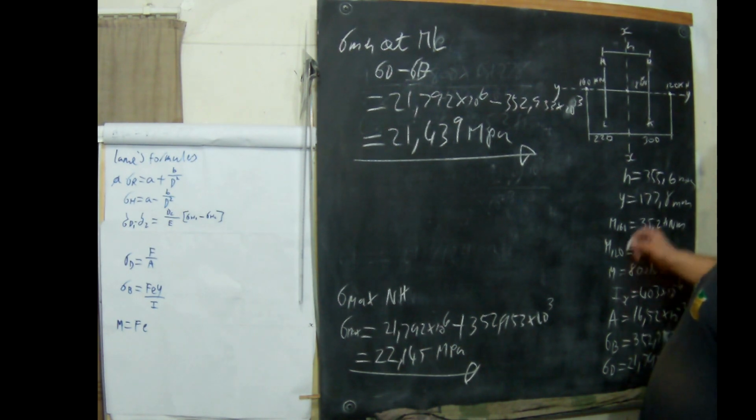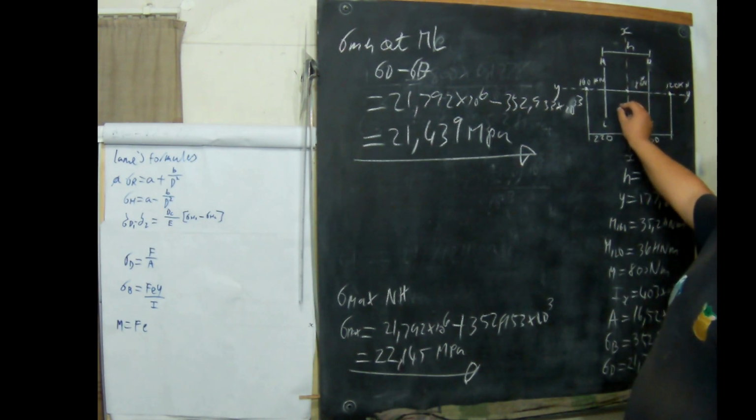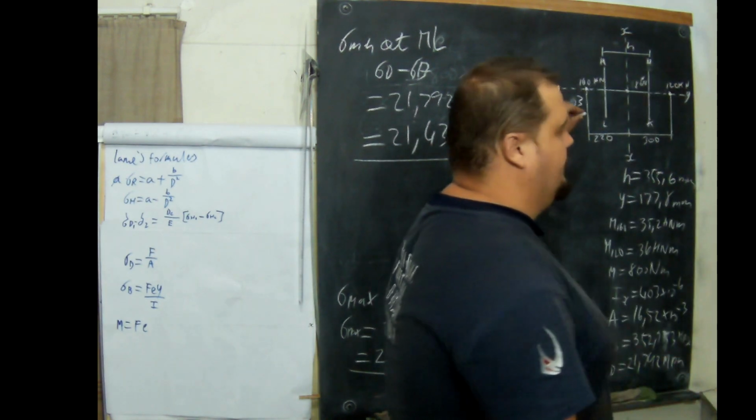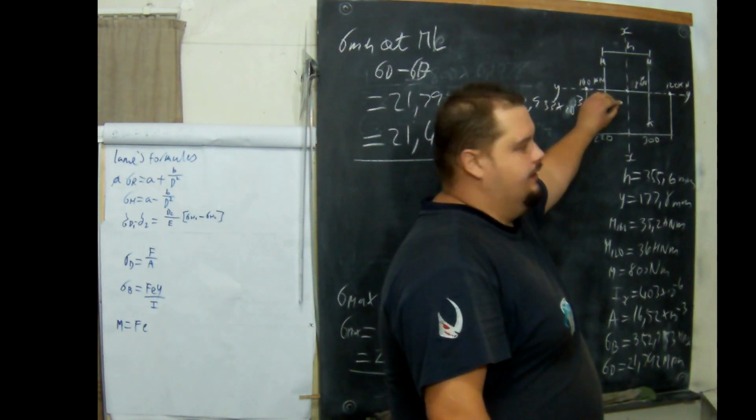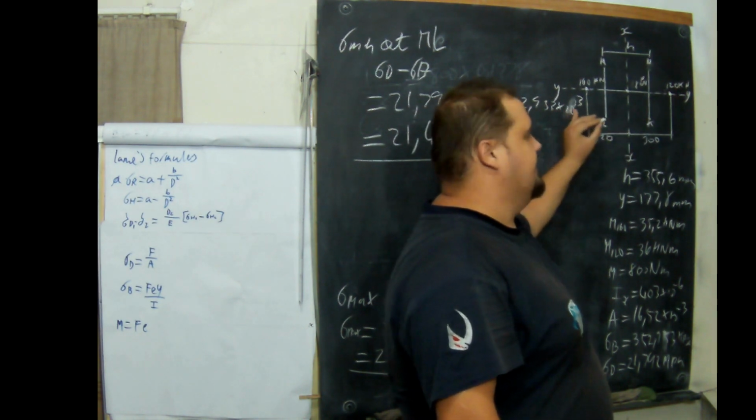The reason is that there's more going on at NK, because here you have 80 kilonewtons and 120 kilonewtons. Whichever side has more going on will be your max, and the side that has less going on will be your minimum.